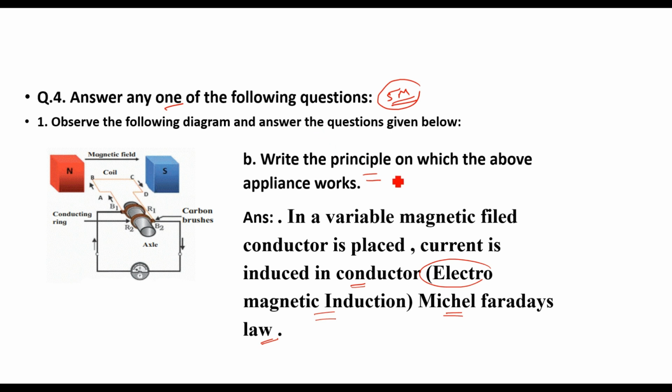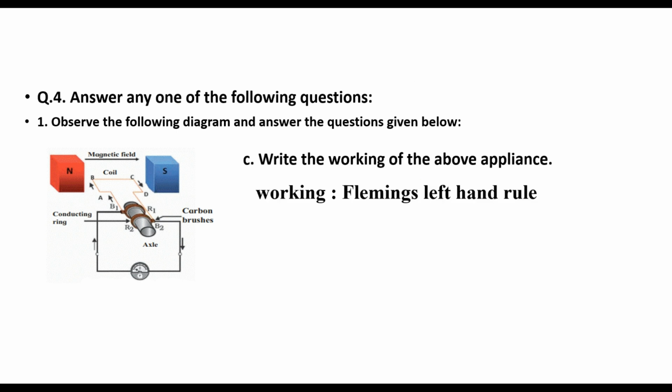Only writing electromagnetic induction will not get the marks. You have to explain what electromagnetic induction actually is and who contributed it. That is also a very important part, because it is also mentioned in our textbook.